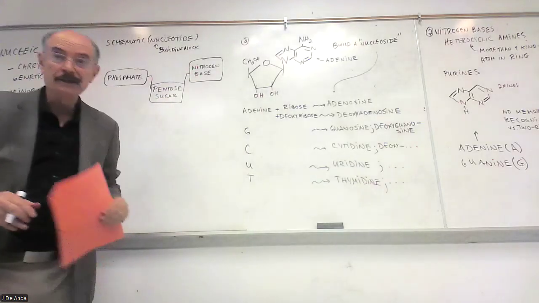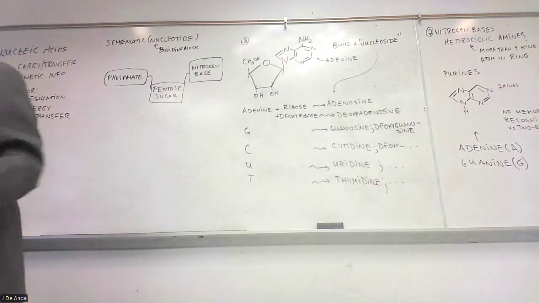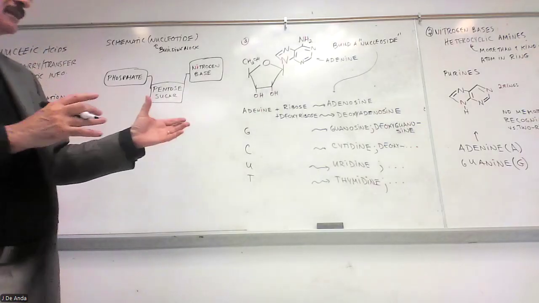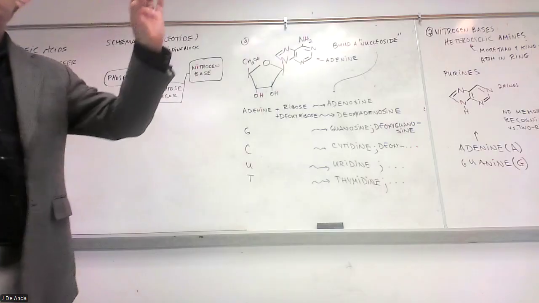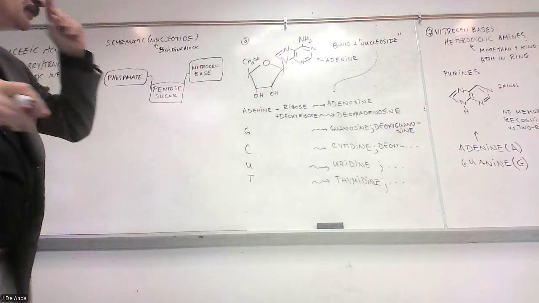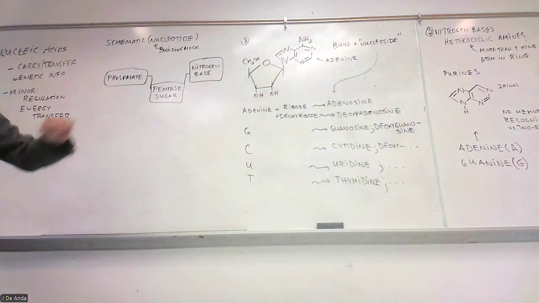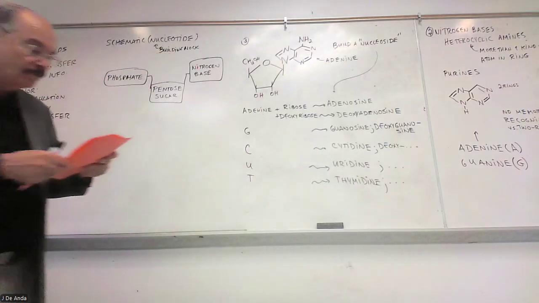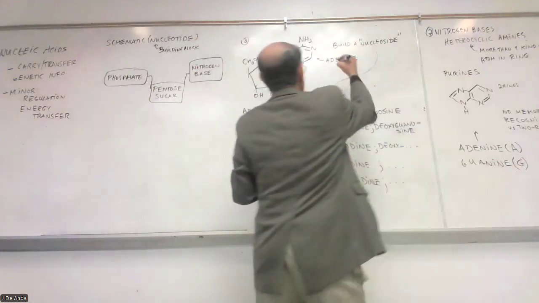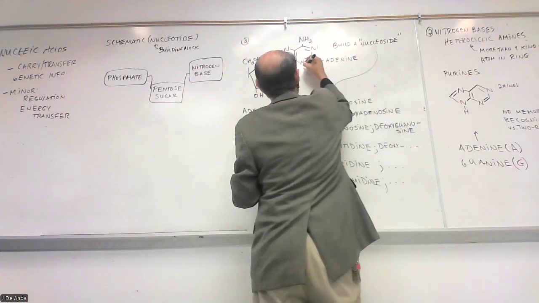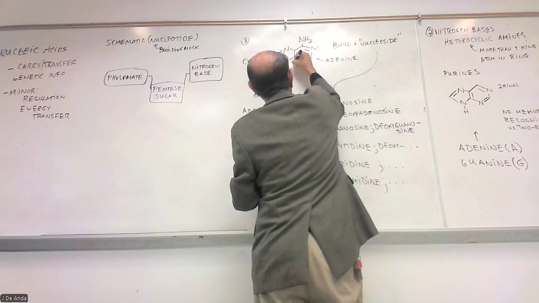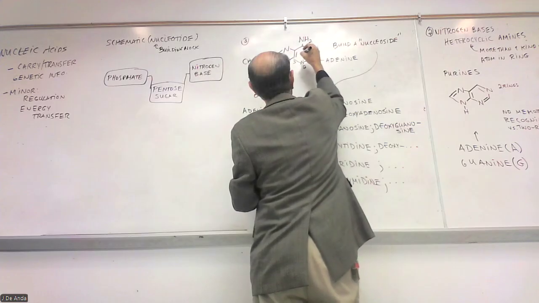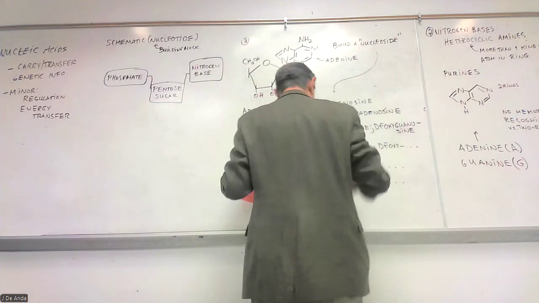Now, one important thing here is, of course, organic chemists like to give things names, and every substituent has a number. So what we do here is we give numbers to the positions on the adenine, and we're going to call this position number 1 here, 2, 3. Oops, sorry, I skipped one.